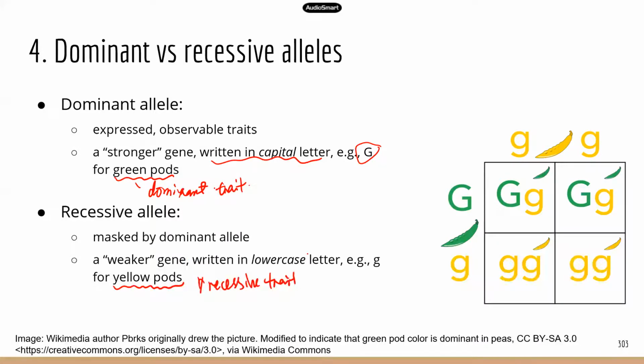Recessive alleles are normally written in lowercase letters. There you go. So a dominant trait is expressed and is going to show in the organism and it's observable. That's because the recessive allele is going to be masked by the dominant allele. So that's why the recessive allele is not going to be expressed, and the corresponding trait is not going to show in the organism.